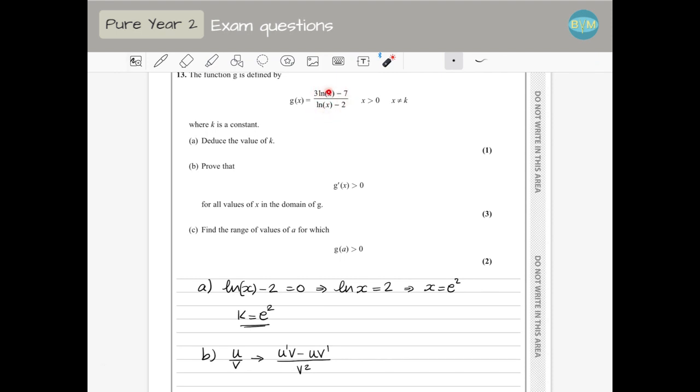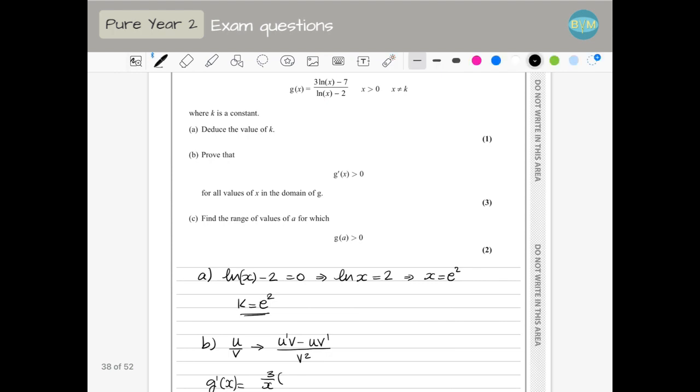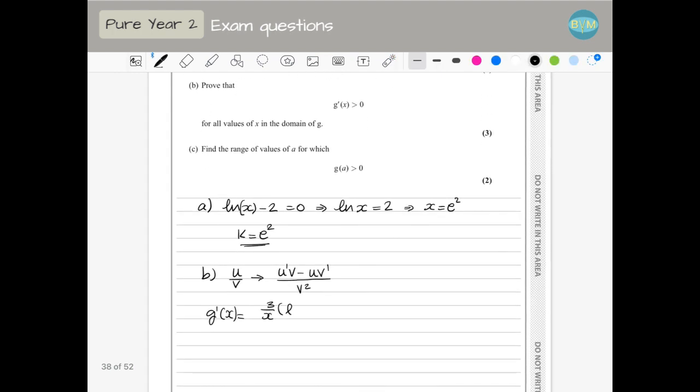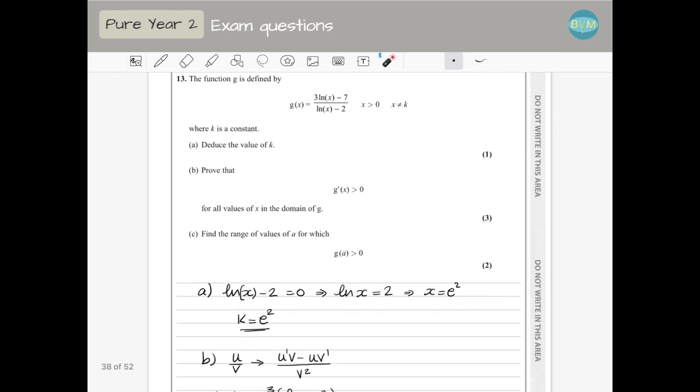So the derivative of u is going to be 3 times 1 over x. So I'm going to start: g prime x is going to be 3 over x multiplied by the denominator, which is ln x minus 2, so ln x minus 2, minus the numerator multiplied by the derivative of the denominator, which is 1 over x.